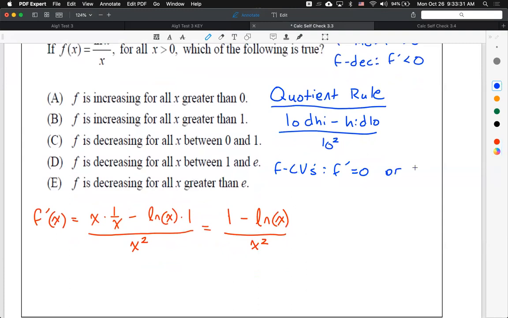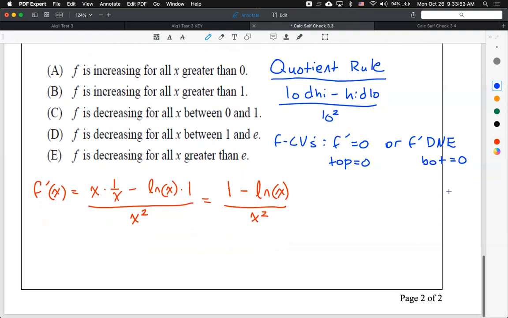Yeah, or F prime DNE. And then in terms of a fraction, Fiona, what does that mean in terms of what is being set equal to 0? F prime equals 0, is that top or bottom equals 0? Yep, top equals 0, and therefore DNE is the bottom. Set that equal to 0.